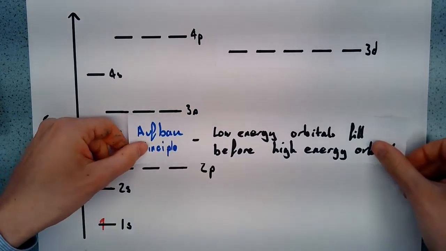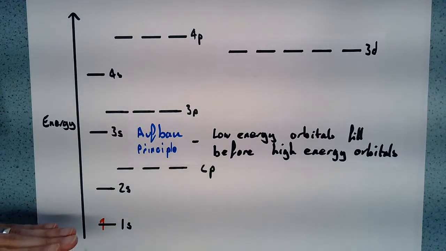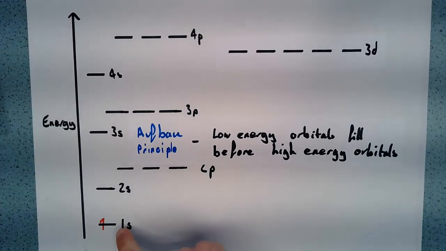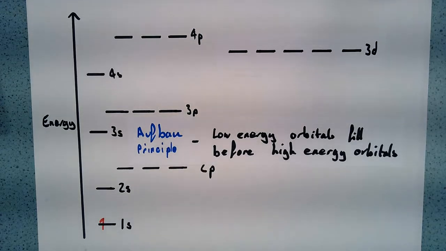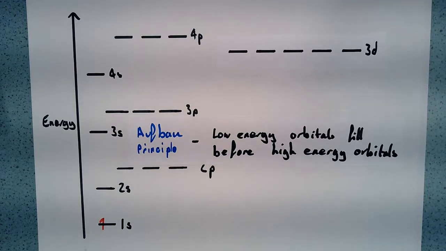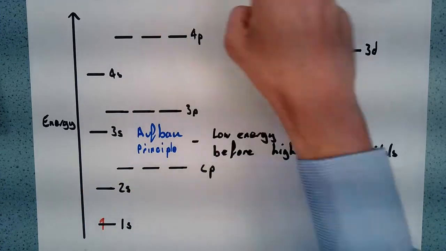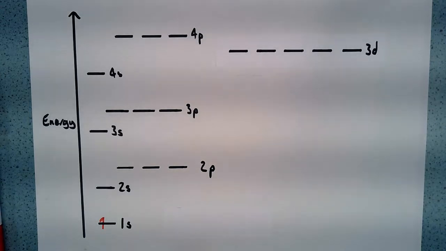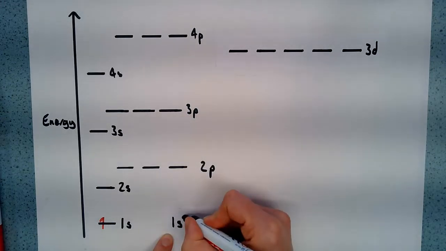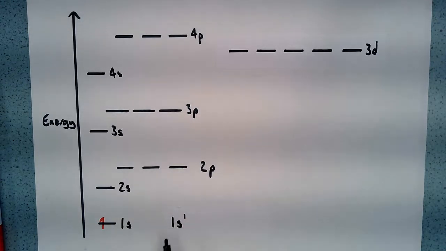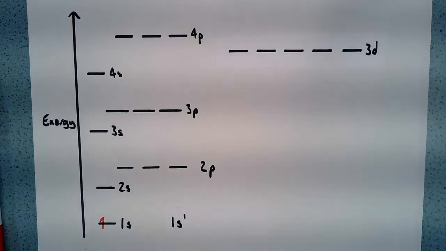That's actually a principle known as the Aufbau principle, which means that we are filling from the lowest energy up towards the highest energy, and so you can see that we have an order of energy with respect to each orbital. So we can see that we'll fill them up in this sort of order. For hydrogen, we would have an electron configuration of 1s1. The 1 meaning the principal quantum number, the s meaning the orbital, and then the superscript 1 meaning how many electrons are in that orbital.